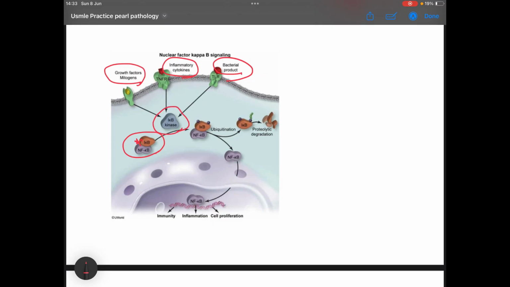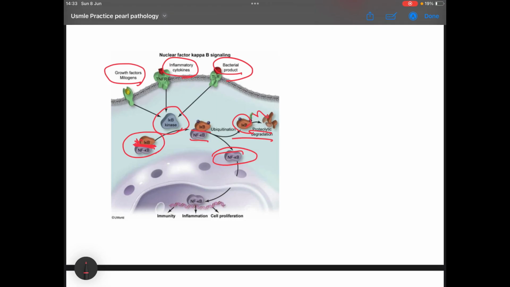IKB kinase separates the two compounds, the IKB inhibitor and NF-kB, by ubiquitination. This results in ubiquitination and proteasomal degradation of IKB, with the release of free nuclear factor kappa B.